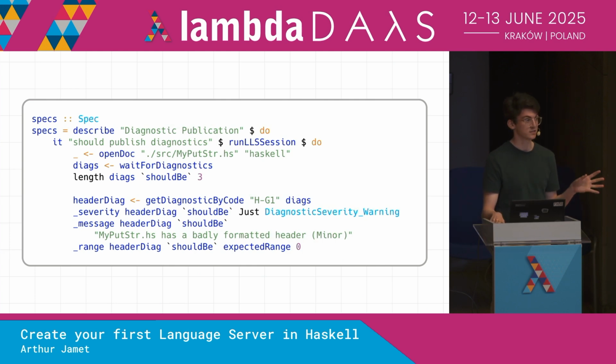It gives back the list of diagnostics that were emitted, and using the usual HSpec utilities, we check the number of diagnostics that we got, and then for each one of them, we can check more information. For example, we check that the first one is indeed a warning, and we test the error message that comes with it. That's it, really straightforward.